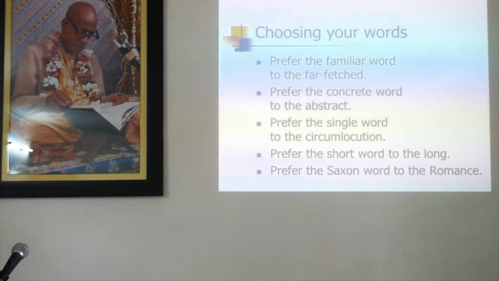Prefer the single word to the circumlocution. Prefer the short word to the long. Prefer the Saxon word to the Romance. These rules are given roughly in order of merit. The last is also the least.